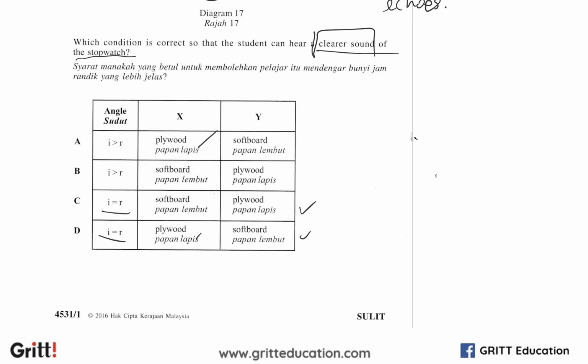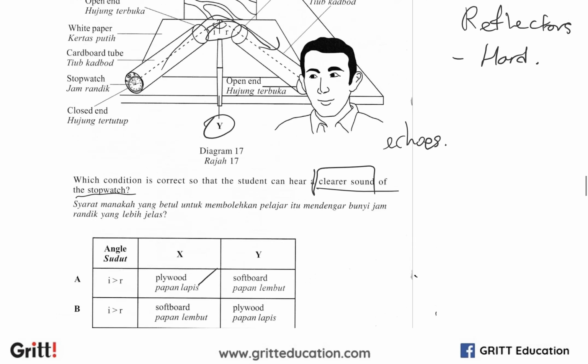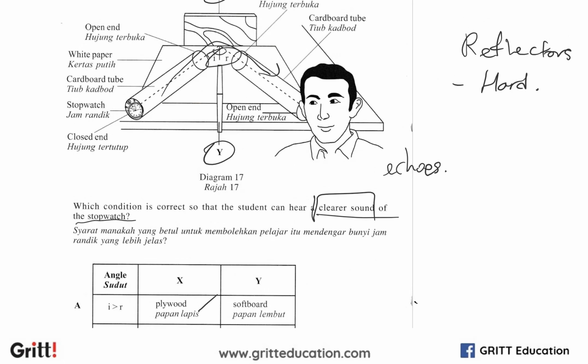Let's continue. Now we have Y. This stopwatch is going to create a sound wave in this direction, so it's going to go that way. We do not want the sound to go there, because then it's not going to be a clear, distinct sound anymore.